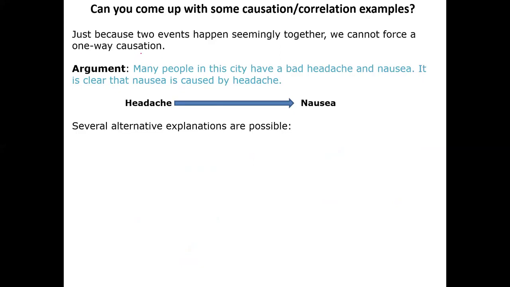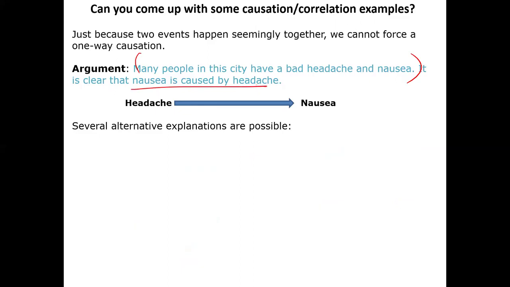This is given to you. Many people in this city have a bad headache and nausea. So tell me, what are the two things that are coexisting? Headache and nausea. Now, mind you, this is given to us as a fact. And what is the conclusion? Nausea.